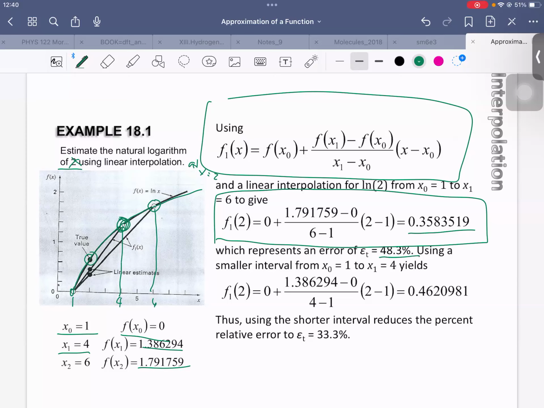Now this is a large error. Okay, this is 48%. That means because you use yung kasi ang value mo is actually here. Okay? So the actual value is above those estimates. So yung unang ginawa is nandito. So medyo nasa baba siya. So it's around 0.35. Ang f sub 1 of 2.